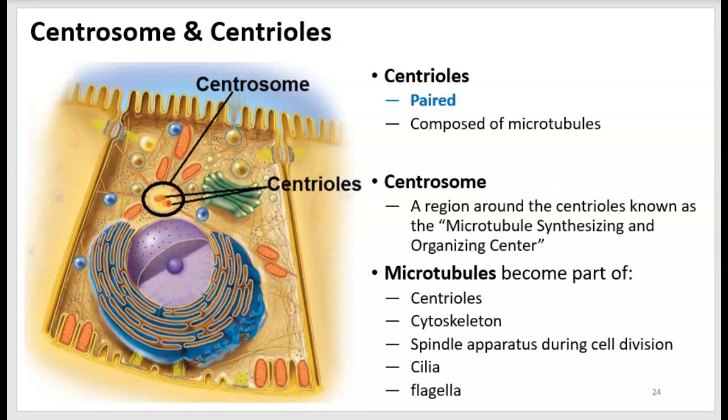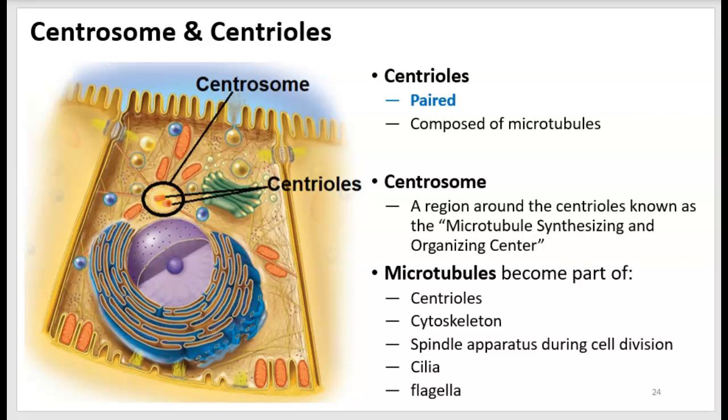So microtubules are important to make up centrioles, which I haven't talked about function yet. But microtubules also compose parts of the cytoskeleton that give the cell shape and structure. They help during cell division by forming this thing called a spindle apparatus.